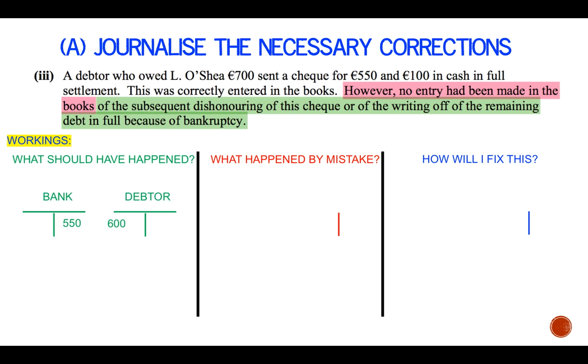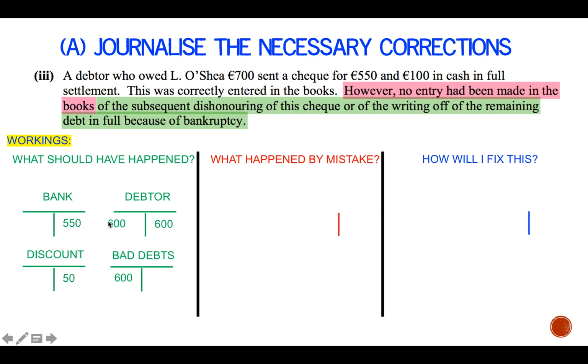So what should have happened here? When we receive the cheque, we would record it on the debit side, €550. To show that it was dishonoured, €550 needs to go into the credit side to unwind that. When the debtor sent the cheque and we gave them the discount of €50, we would have reduced the debtor by 600, so we would have put it down here.